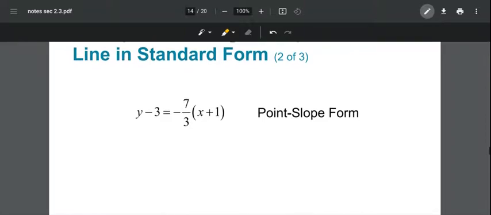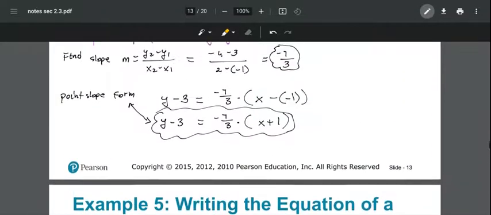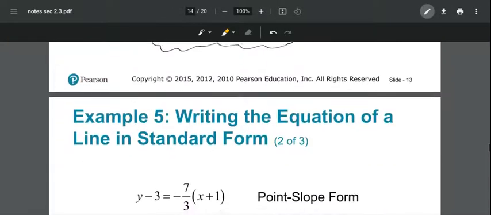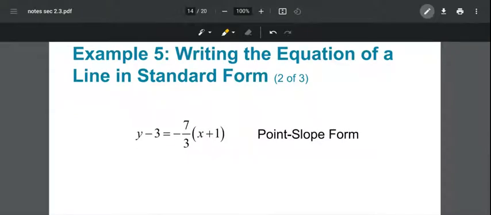Next, after point-slope form, they want you to rewrite the equation in slope-intercept form, which means y equals mx plus b.